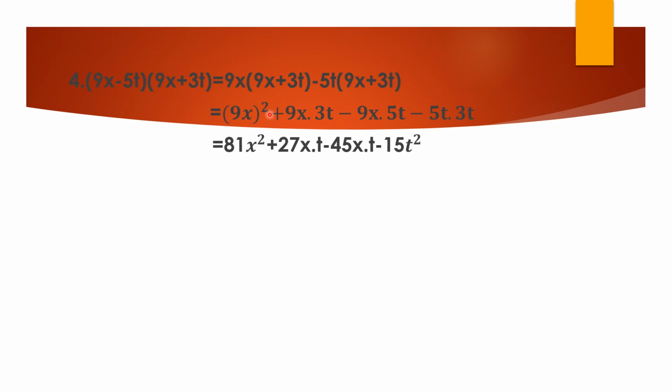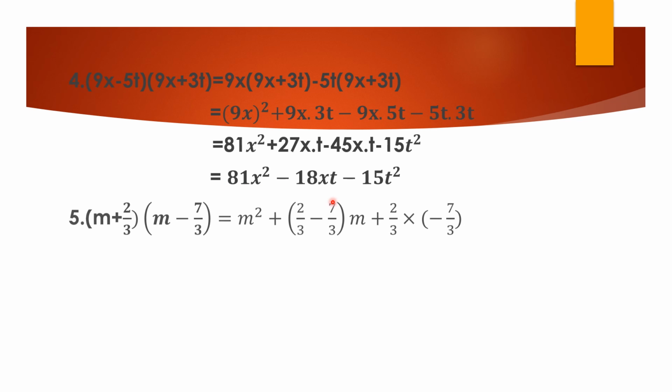Now (9x)² becomes 81x², plus 9 into 3, 27xt, minus 45xt, minus 15t². Now 27 − 45 is equal to −18. So the middle term is −18xt. Therefore we get 81x² − 18xt − 15t².